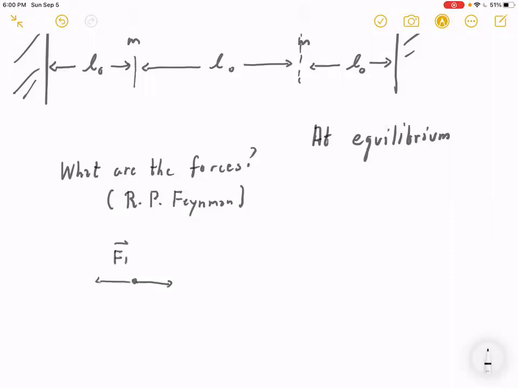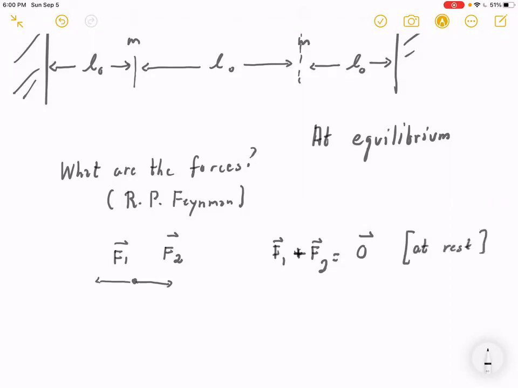The first mass has a force due to the spring on the left and a force due to the spring on the right. And the sum of those has to be 0 because the system is at rest.